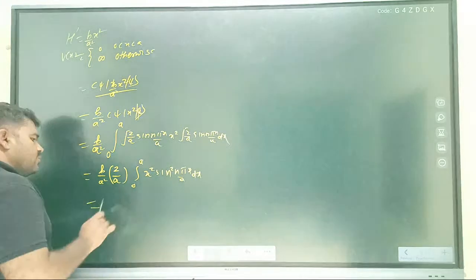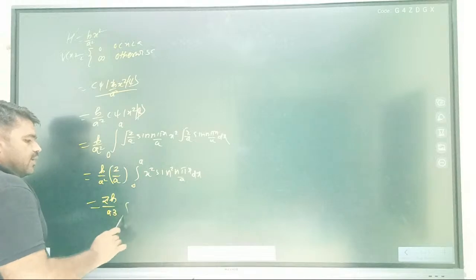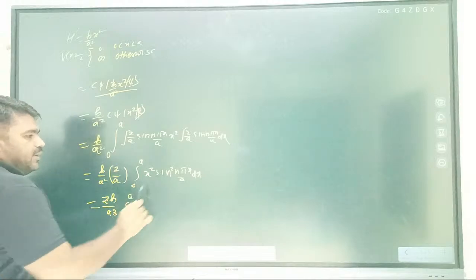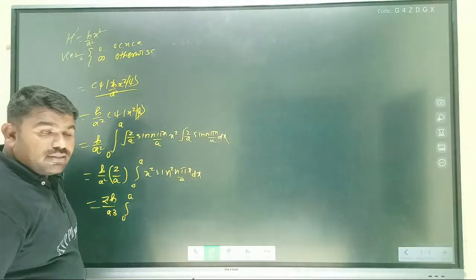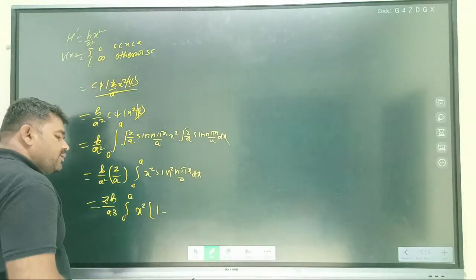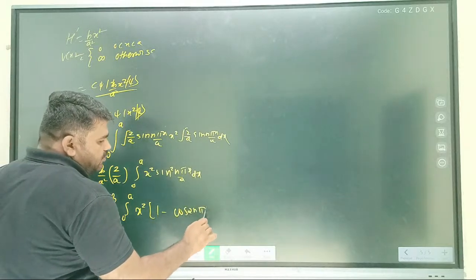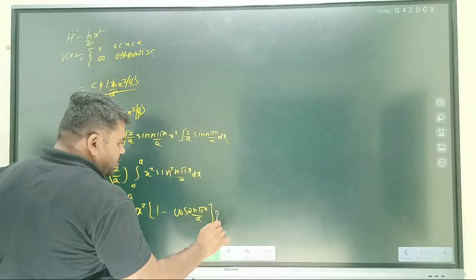Okay, how to write on this one? This become 2b upon a to the power 3. Okay, and 0 to a limit x square into sin square theta. Sin square theta can be written as 1 minus cos 2 n pi x upon a. Okay, bracket complete into dx.